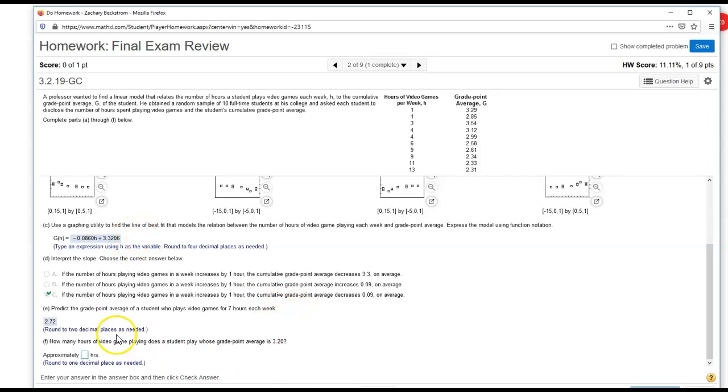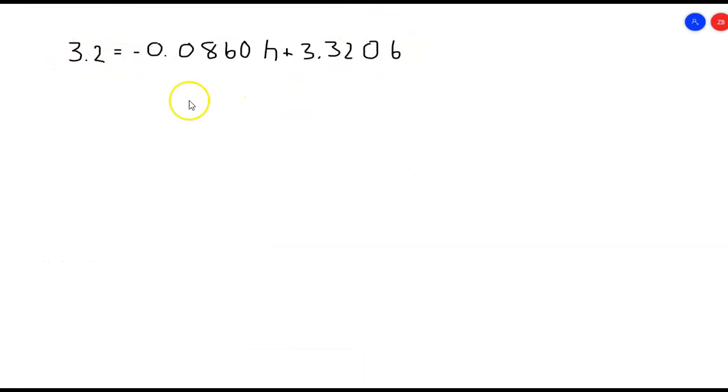So what I can do with that one is, all right, so now I put my equation here, although this time I'm solving for the number of hours. So I'm going to replace my dependent variable with 3.2 because that represents my grade point average. And now I'm going to solve for h. So first thing, I'll subtract the 3.3206 from both sides.